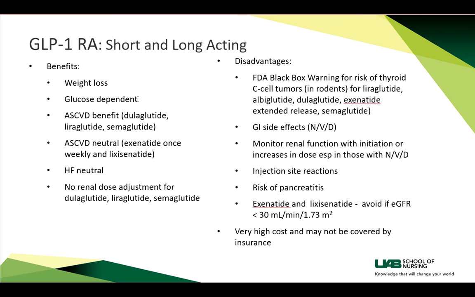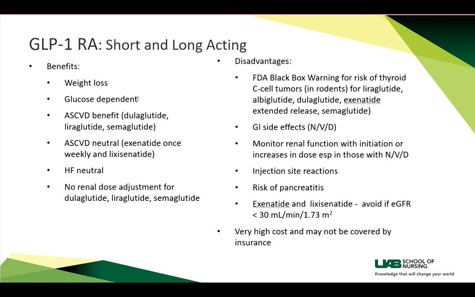There are some GI side effects that are common, like nausea, vomiting, and diarrhea. Of course, go back to where it is impacting patients, which is in delaying or slowing down gastric emptying. So you can see those common side effects there.